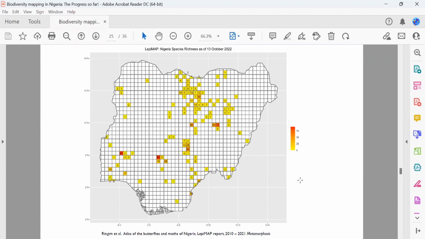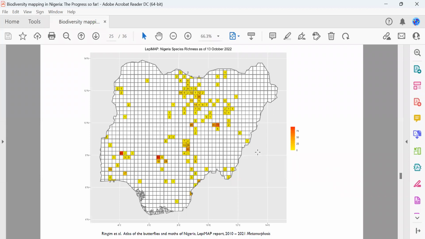Thanks to that, we have about 91 species of butterflies mapped in that grid cell. Then in another grid cell in the south, you can see there are 91 records. Then you can see some areas with 50, 72, 45, and you can go down to the grid cell level to look at the number of species, the number of records and the last date recorded as you deem fit.